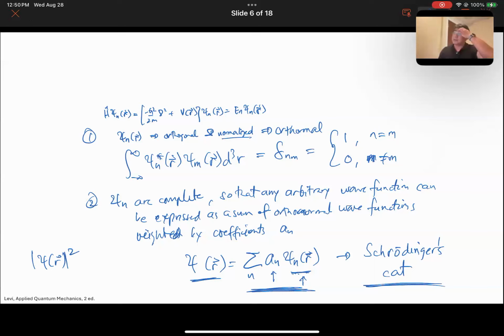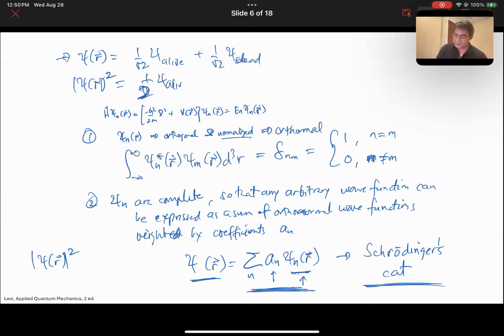In Schrödinger's cat, you have 1 over square root of 2 for the cat alive and 1 over square root of 2 for the cat dead. Taking the probability, it is 1/2 that the cat is alive plus 1/2 that the cat is dead.